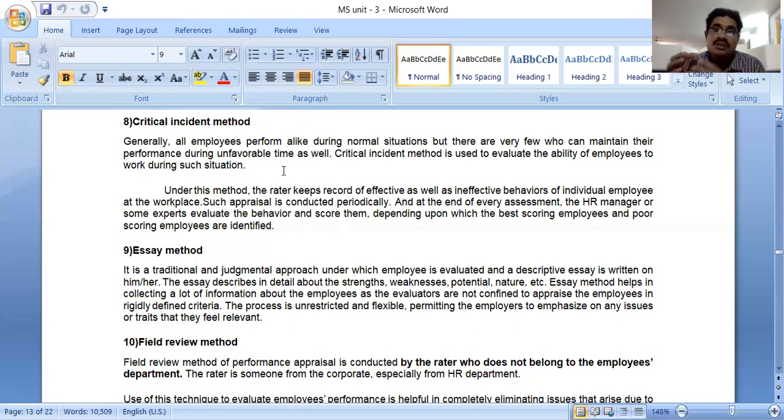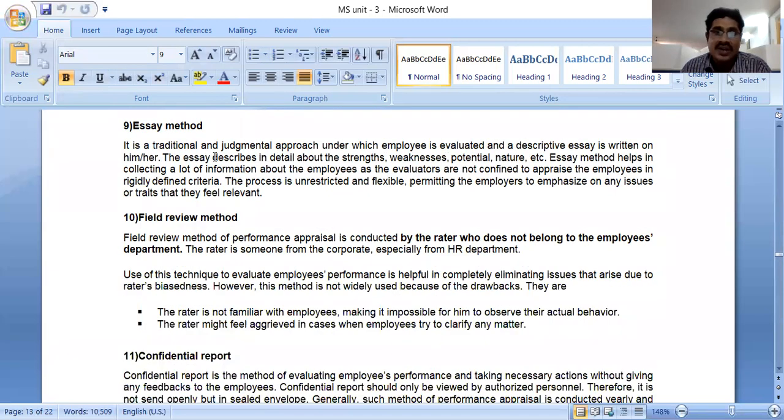Some of the people just go away from that particular place and talk negatively. So if suddenly a fire accident or shortage or breakdown, anything occurs, then what is the behavior of the workers? Identify these things. This method is called the critical incident method.